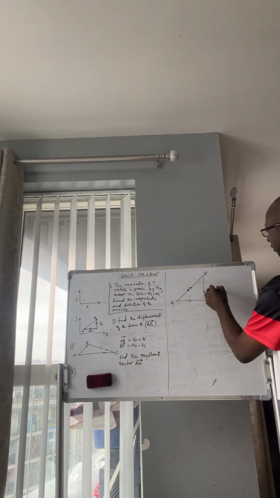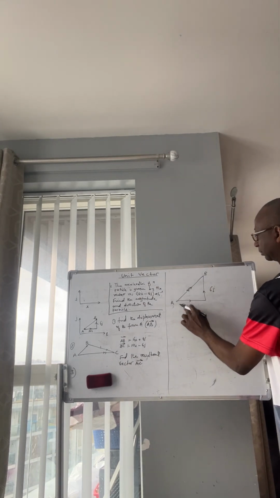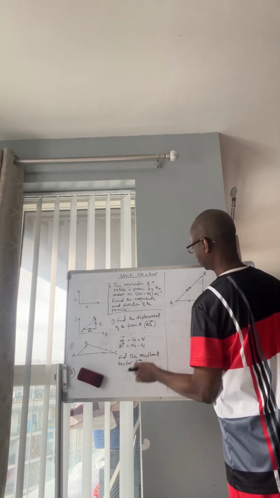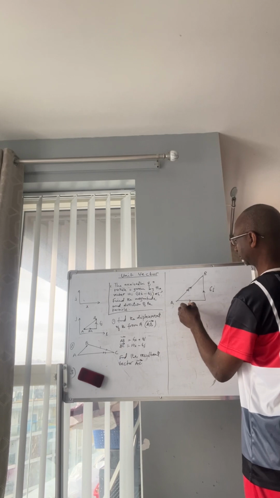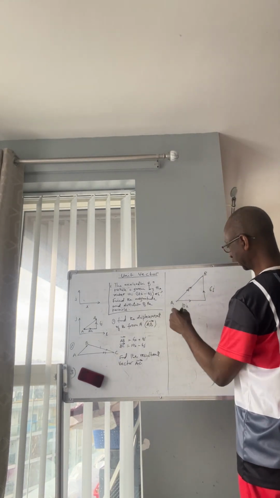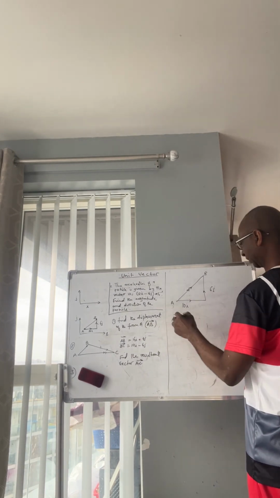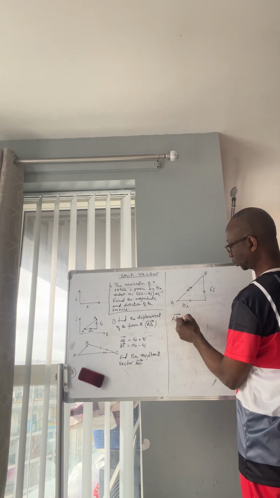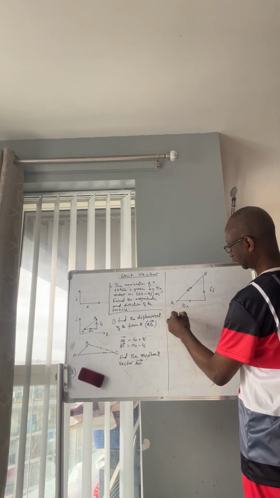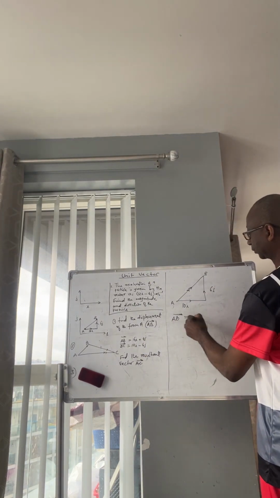And here is 6j, and this is 10i. So therefore, the displacement AB, or the vector AB, they write it in different forms. Some people put 2 arrows, some just do like this arrow. So it depends which one you are convenient with.